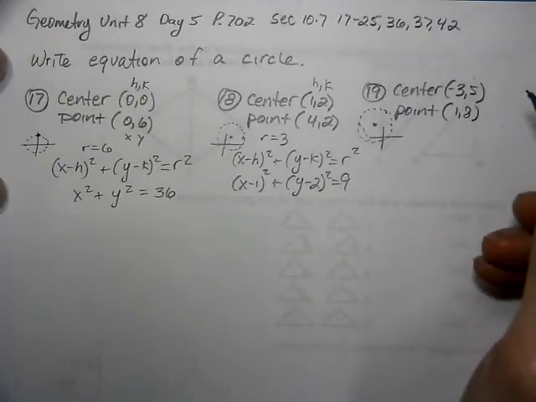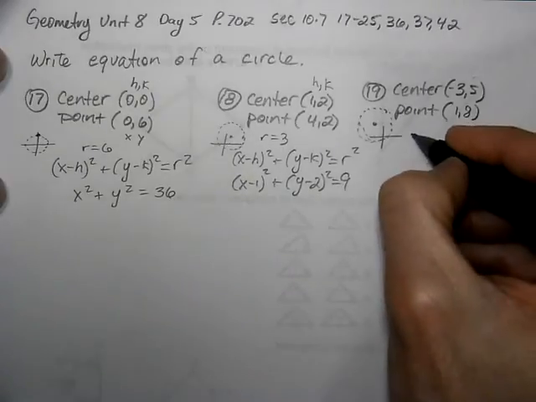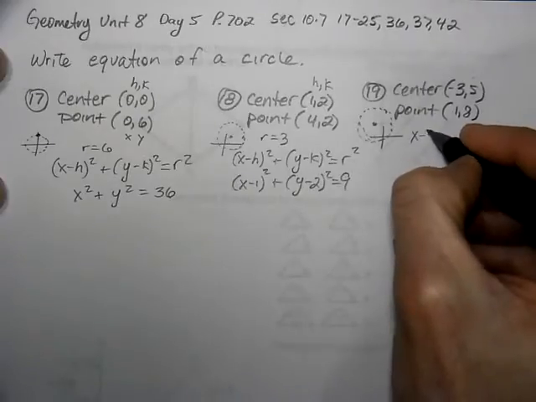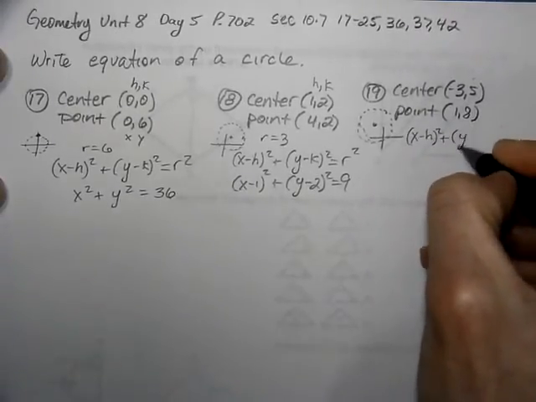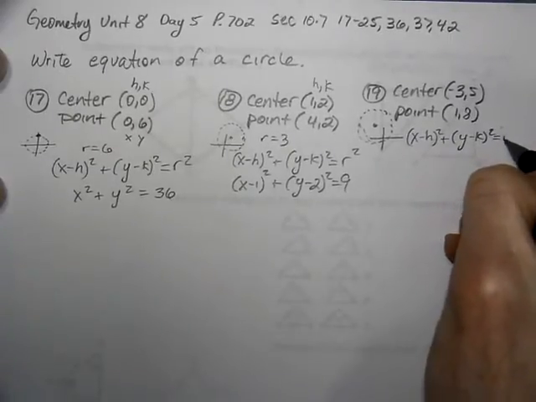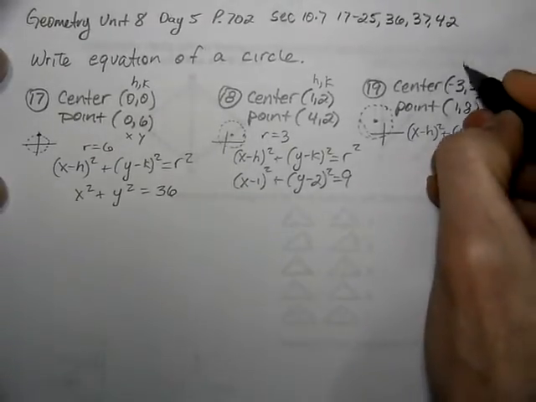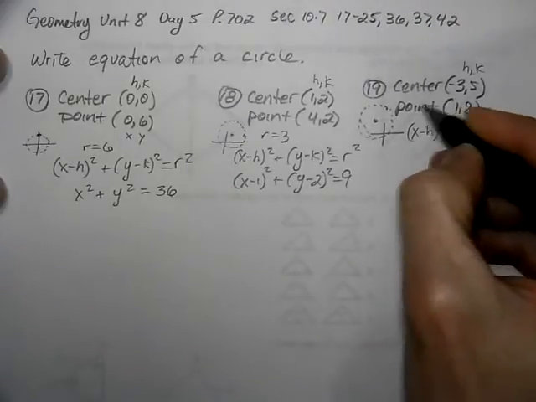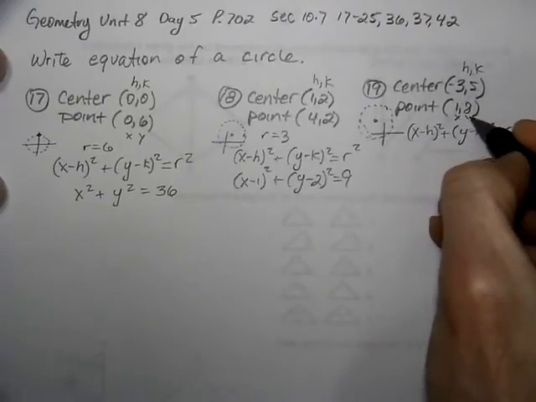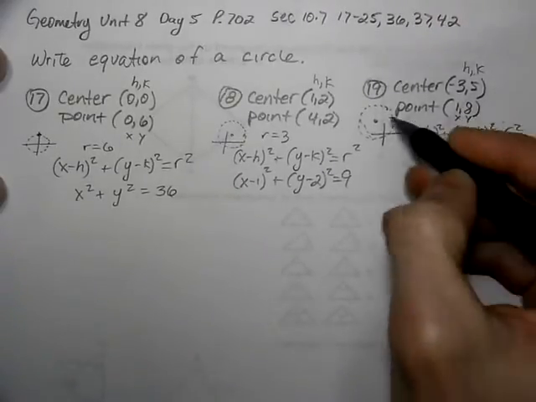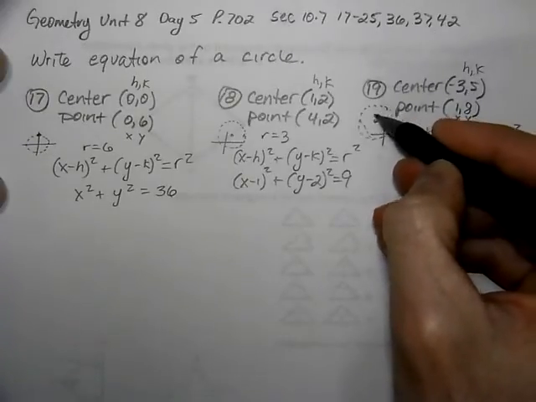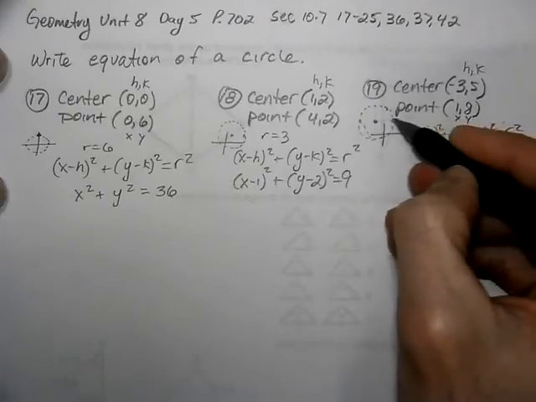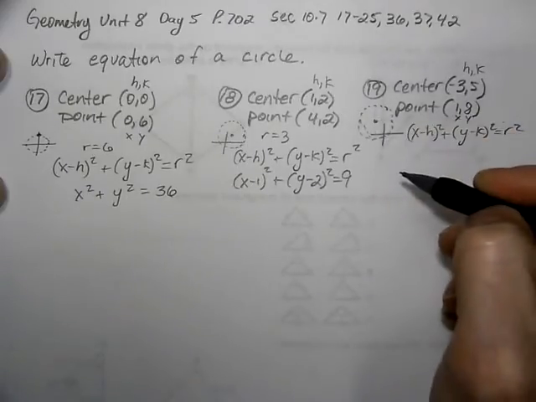We could use a distance formula, or we could use our basic standard formula for a circle. Our center will be the h, k, and the other point is your x, y.